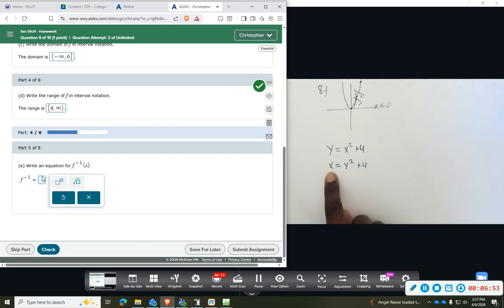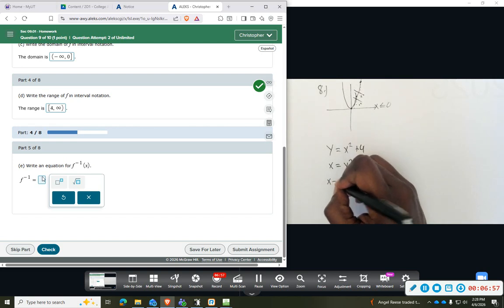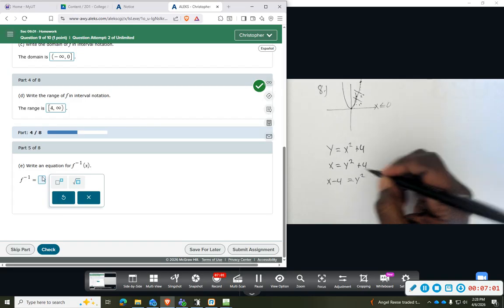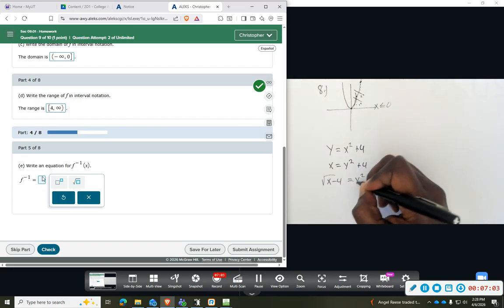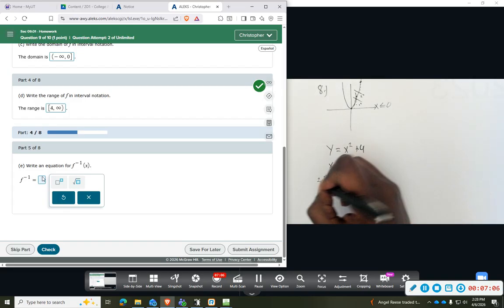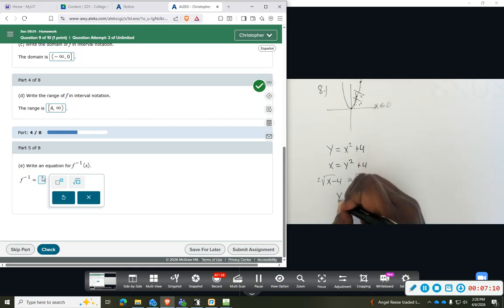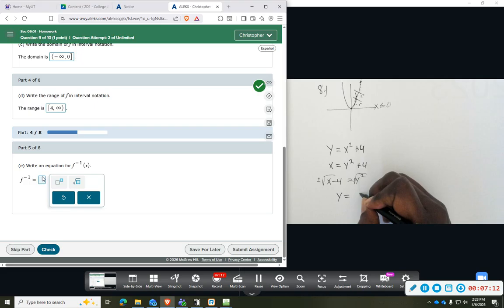And then we're going to solve for x. So I would subtract 4. And then we're going to do the square root. So square root, you get plus or minus. This is going to get rid of the squared, and that's going to leave me with y equals square root of x minus 4.